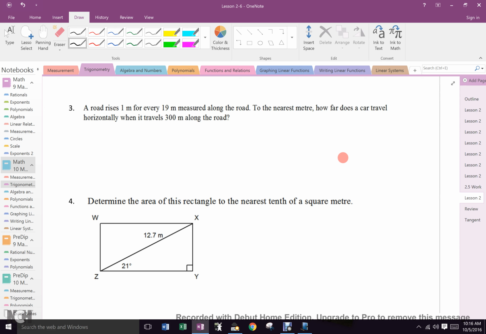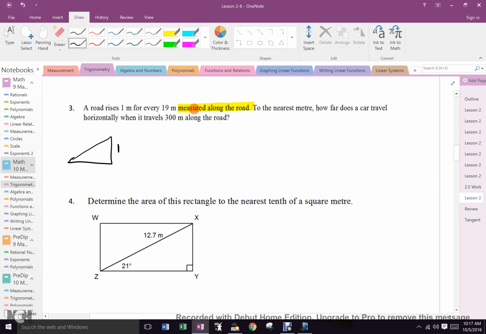So, this question. The road rises 1 meter for every 19 meters measured along the road. For some reason, that causes great trouble for people. So there's my triangle, yes? It rises 1 meter. Where's the rise? X, Y, or Z? X is the rise. So this is 1.